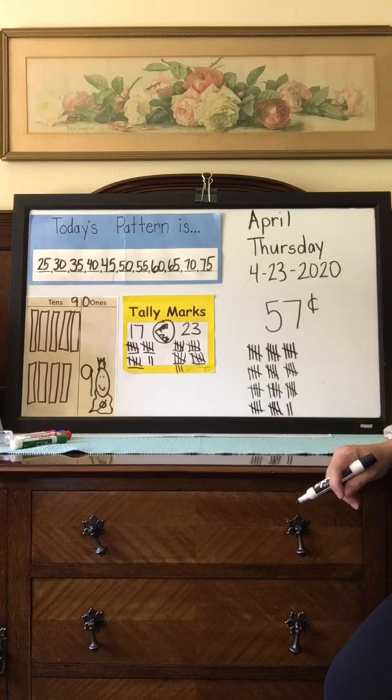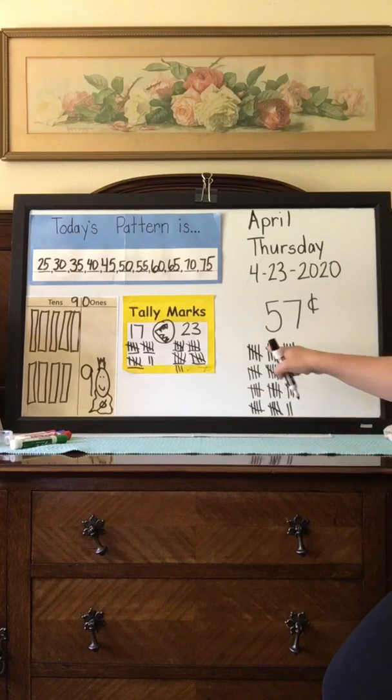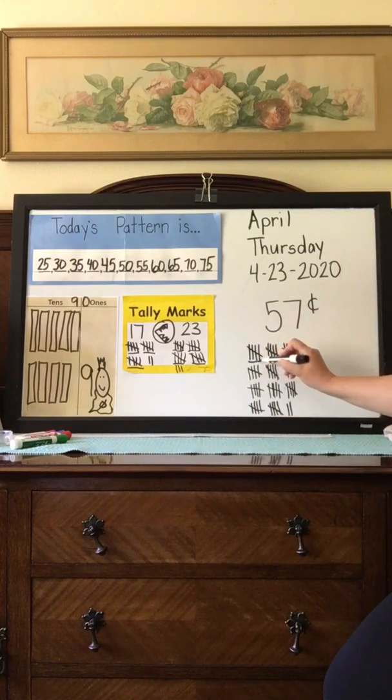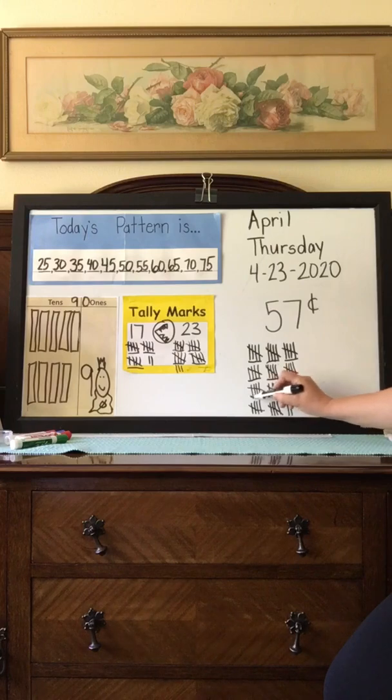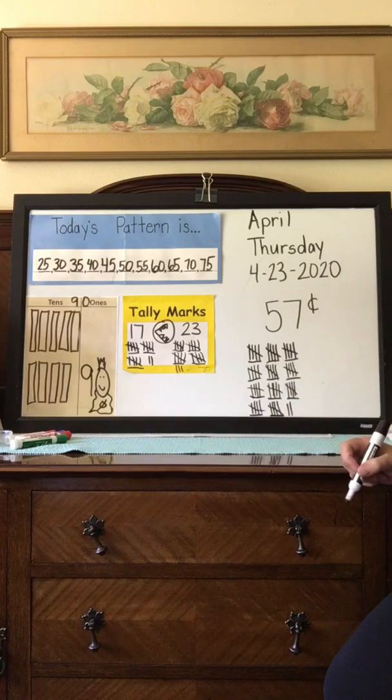Okay, boys and girls, that's a lot of tally marks. But if we were making 57 cents with nickels and pennies, this groups of 5 will represent a nickel. So let's count. 1, 2, 3, 4, 5, 6, 7, 8, 9, 10, 11 nickels.